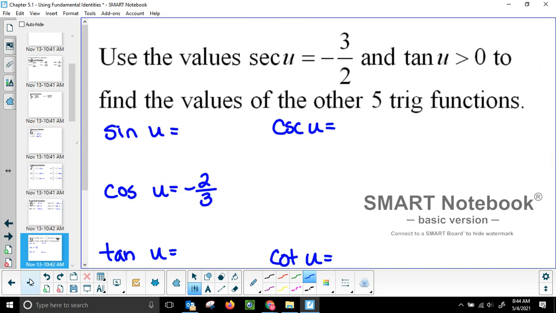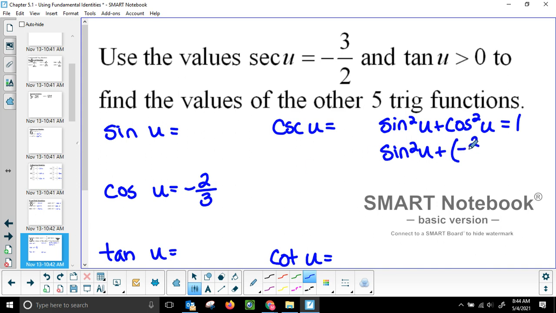So absolutely, we can go ahead and use that. Sine squared u plus cosine squared u is equal to 1. We don't know sine. That's what we're looking for. We do know cosine. So if cosine of u is negative 2/3, then cosine squared of u is negative 2/3 squared.